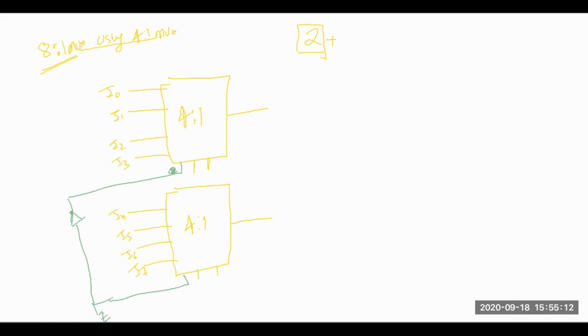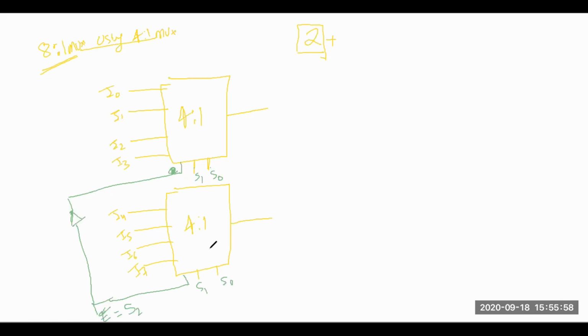In this way, I can have three select lines, because this is 8:1 multiplexer. Ultimately, I need three things to decide what will be my output. I can design my circuit like I can take this E as my third select line, that is S2, and I can take this one as S1 and this one as S0. So suppose all the things are 0 0 0.